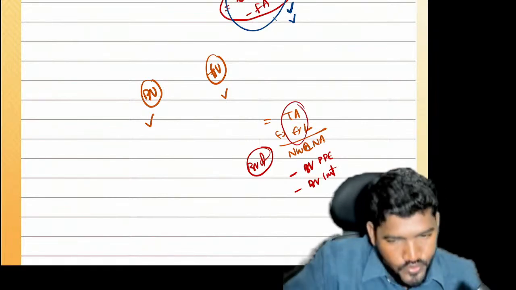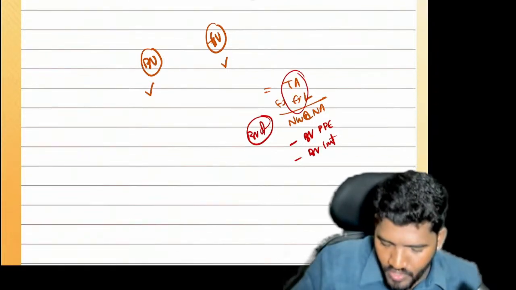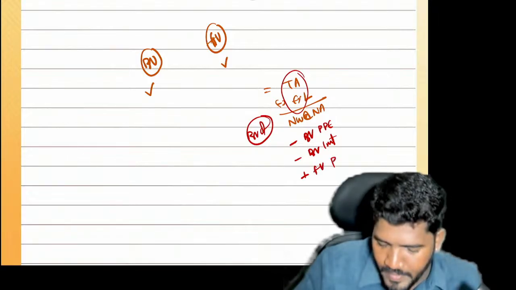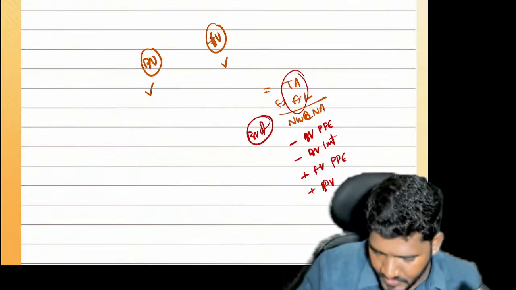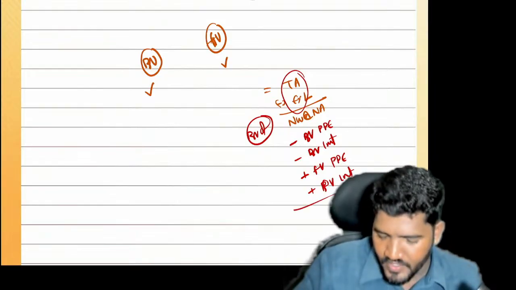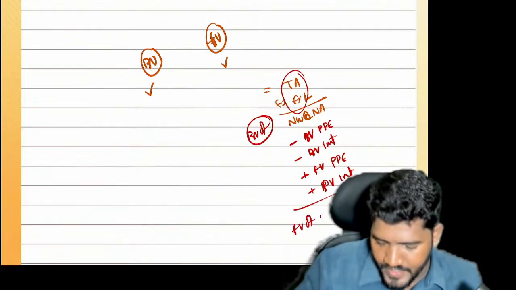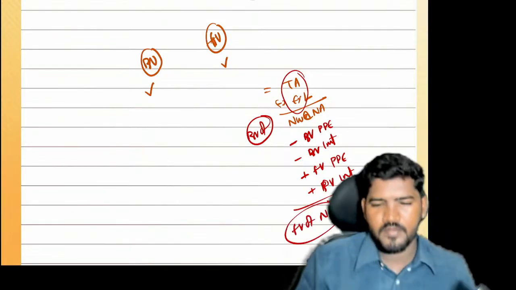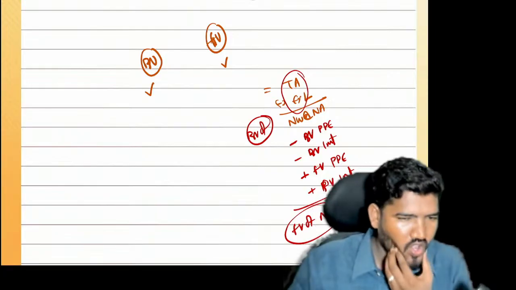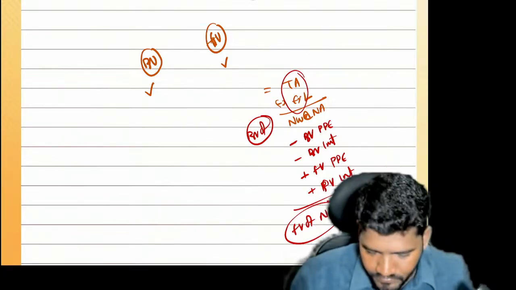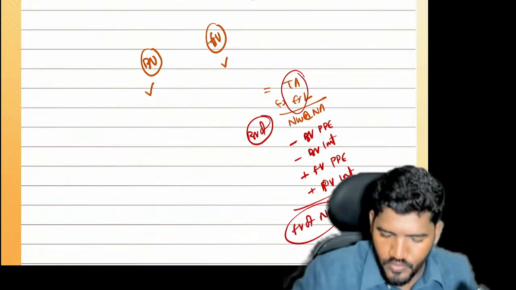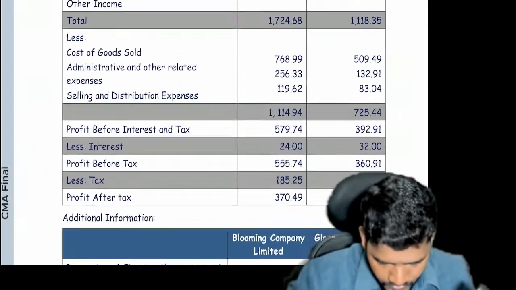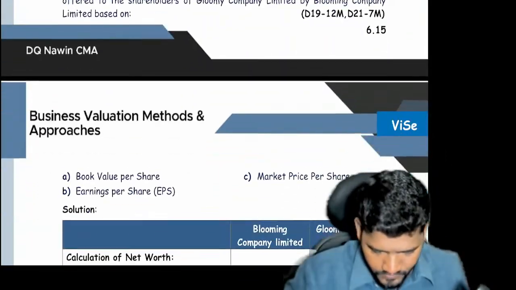That's why I'm reducing them. Instead of them, add the fair value of PPE and add the fair value of investment. You will get the fair value of net assets. For all problems, this is what happens. Guys, clear? Now see, I will give clarity in one problem. You can go and check the other ones.